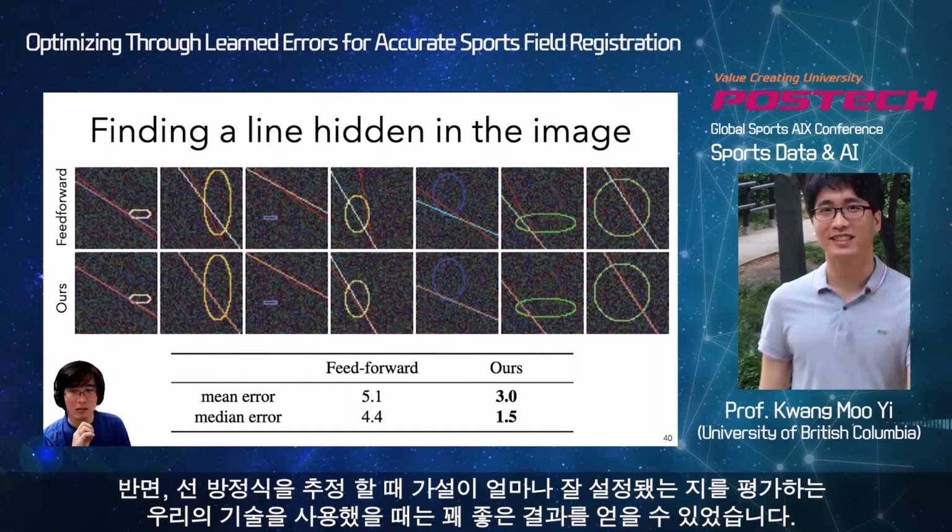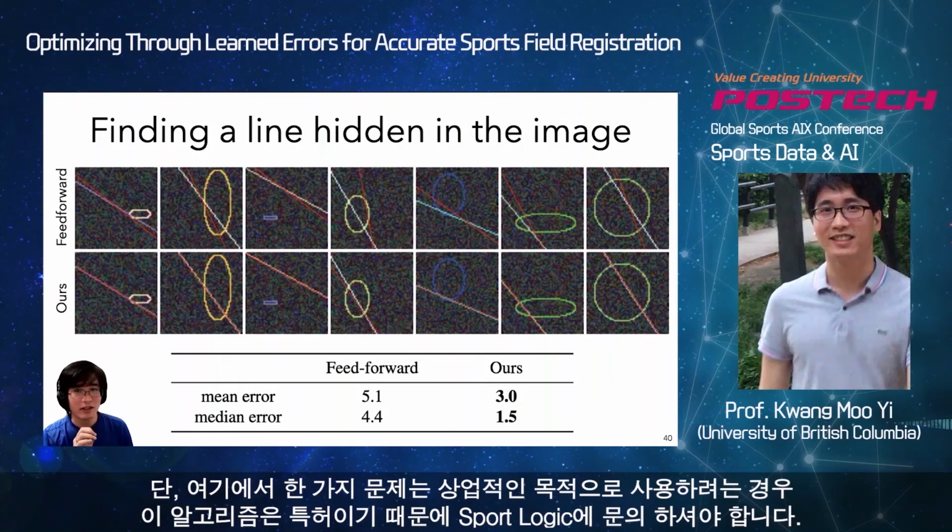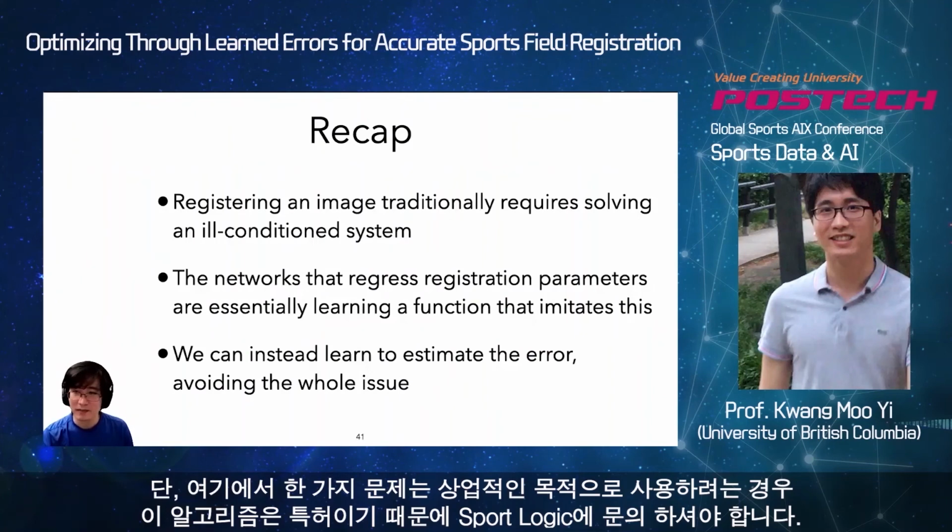You get significantly better results, in fact, especially in terms of the median error. So our research stopped here, but I would suggest that you go and try this method for other applications as well. Except one catch here is if you want to use it for commercial purposes, you might want to consult Sport Logic because this algorithm is patented.